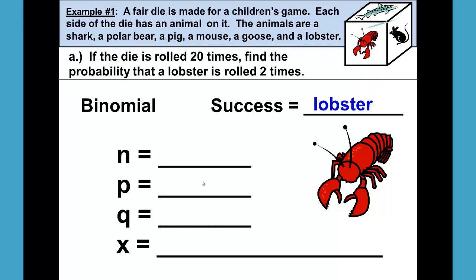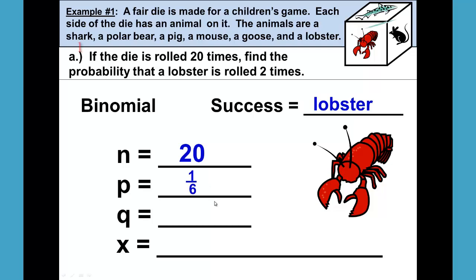Each trial is independent. Each roll of the die does not affect or is not affected by the previous roll. And third, there is a fixed number of trials. We have rolled the die 20 times.